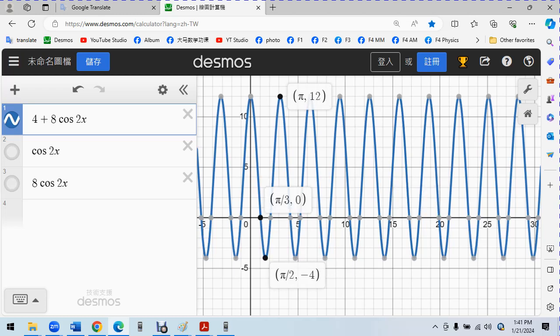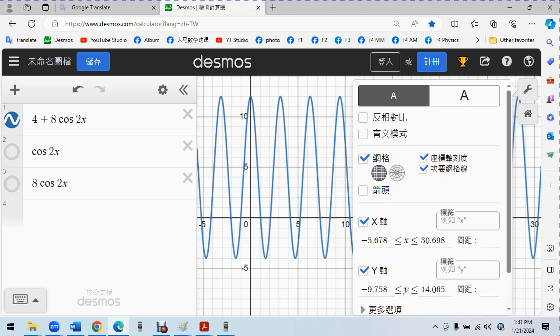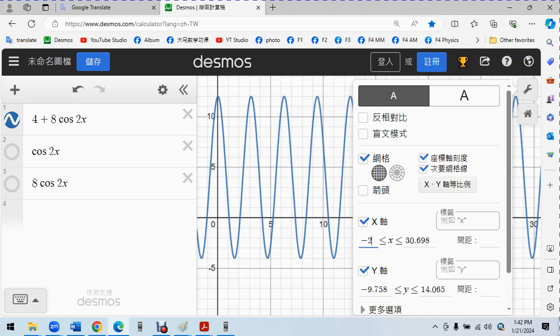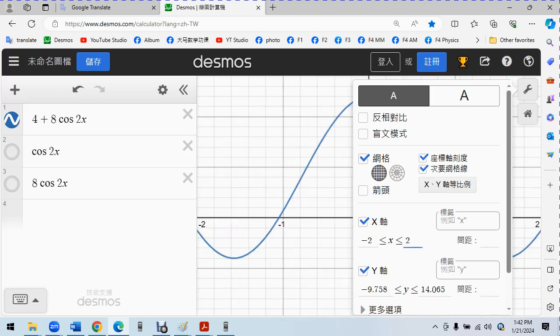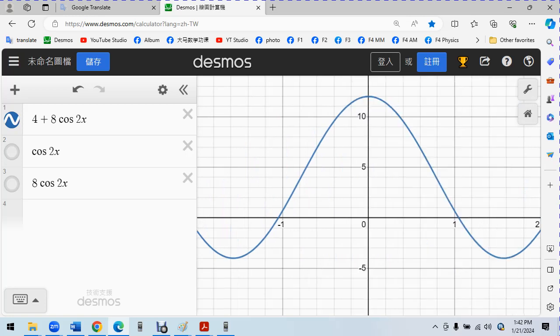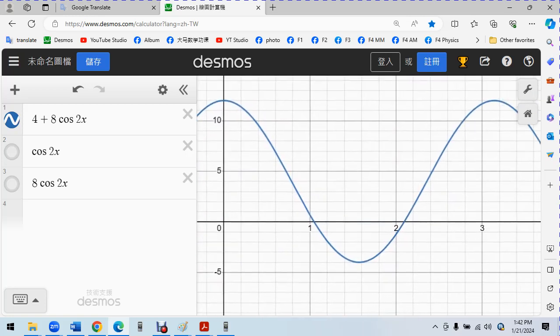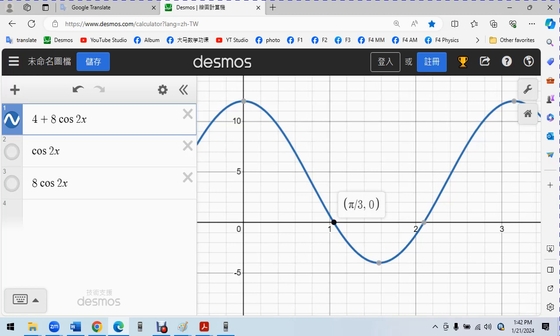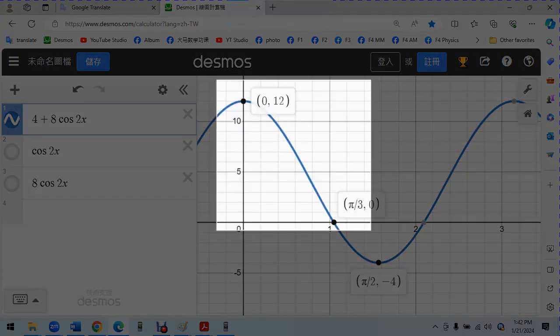So we can have something like this, x is from -2 to 2, and this is how the graph looks like.